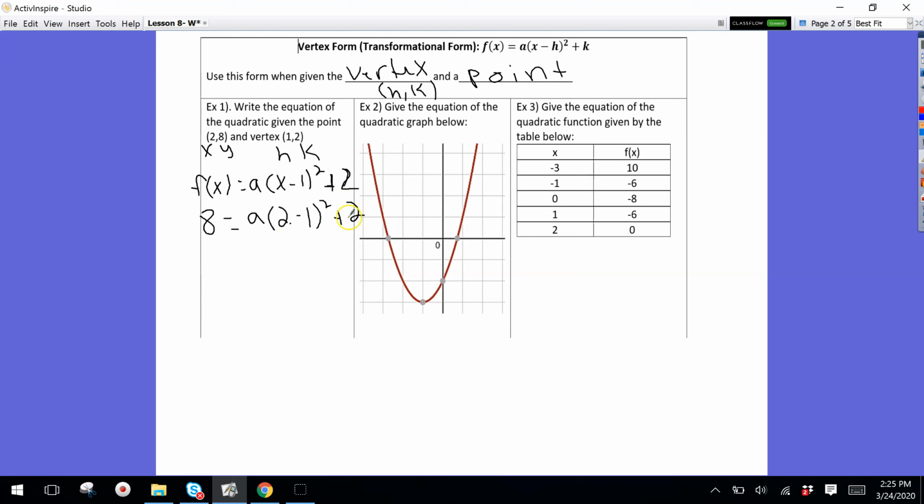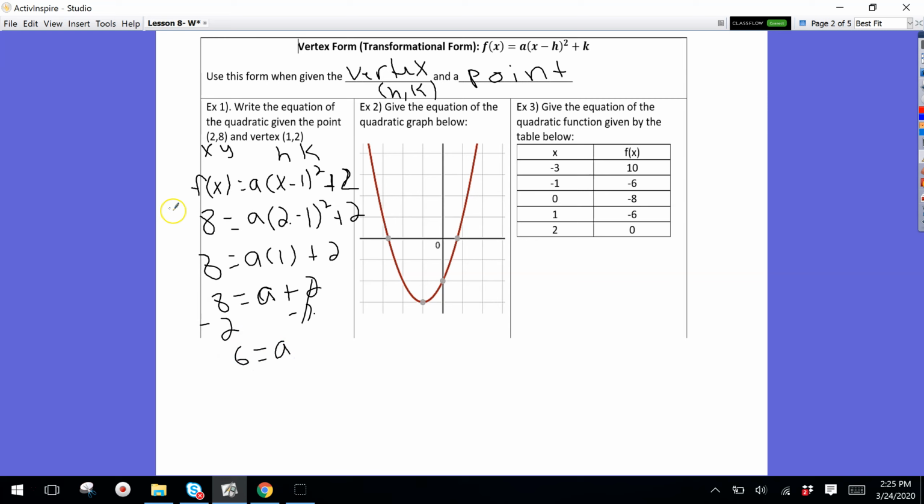And so now we're going to go ahead and simplify this and solve for a. So here when I have 2 minus 1, which is 1, 1 squared is 1. So I'm going to have a times 1 plus 2. Well, a times 1 is just a plus 2 here. And then we're going to subtract 2 from both sides so that we can solve for a. And we get that a is equal to 6.